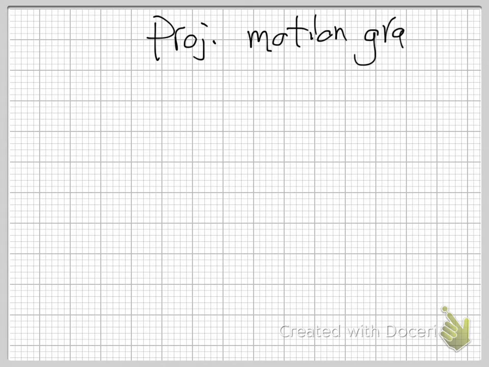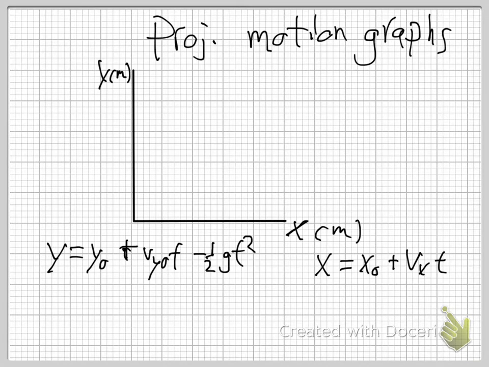So let's take a look at our projectile motion graphs. Okay, so let's actually start with a vertical displacement versus horizontal displacement graph. And this will basically be used to tell us the position of the projectile at any moment in time.